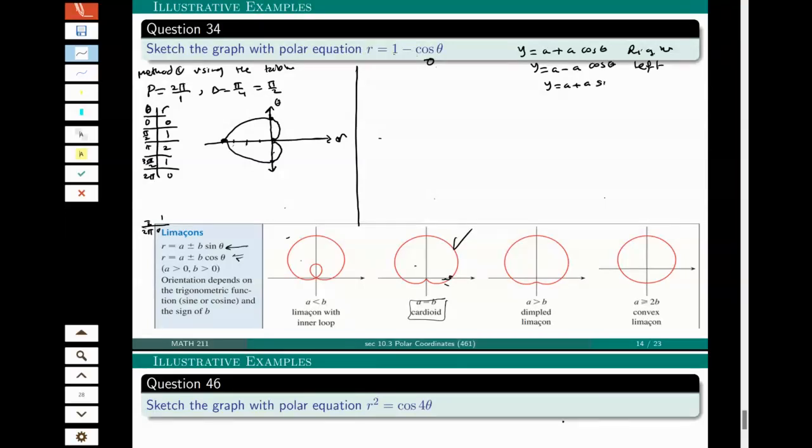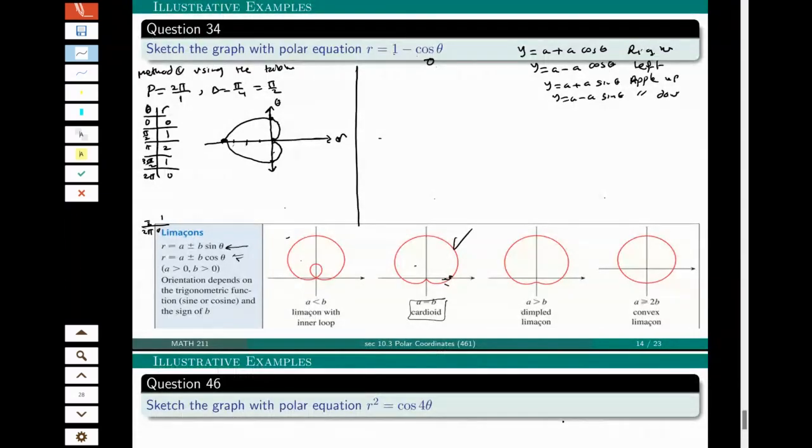If it is a plus a sine theta, it will be apple, but it is upward, and a minus a sine theta, it will be apple here up, and here is apple down. If you just have a feeling, of course, a means both numbers are the same.